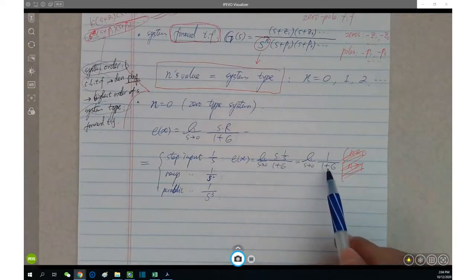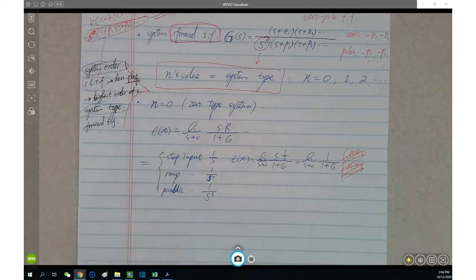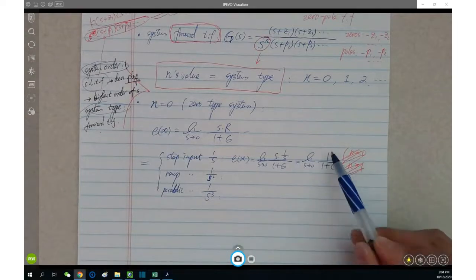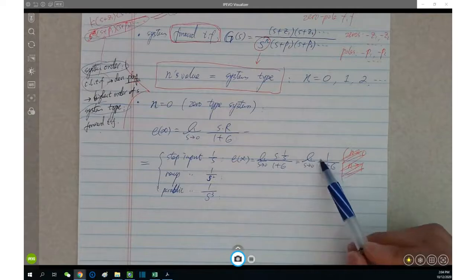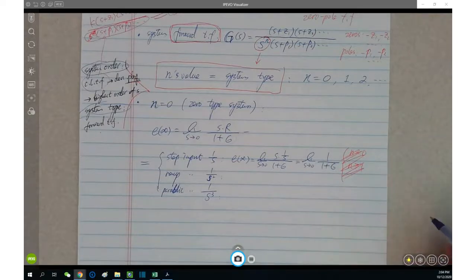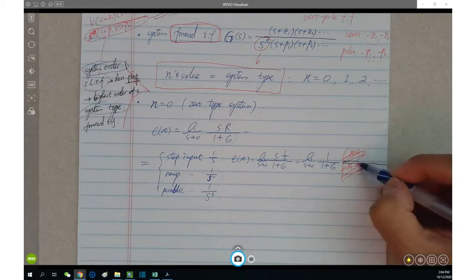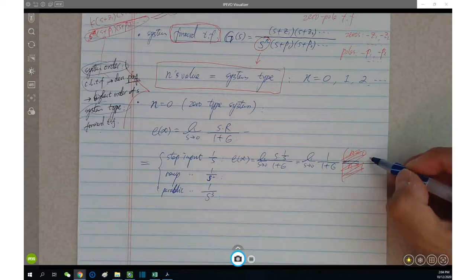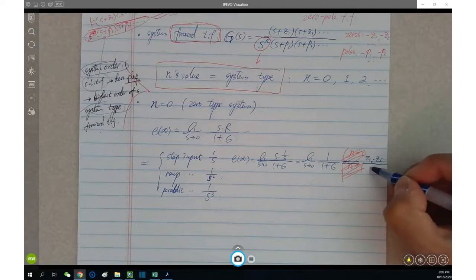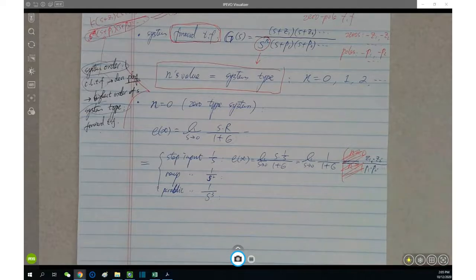So if n equals 0 for an n-type system, what is this steady state error? What do you think? How about it just equals a constant? How about that?